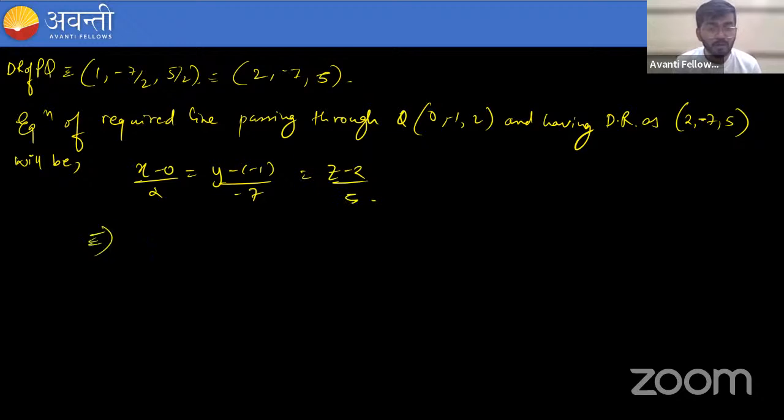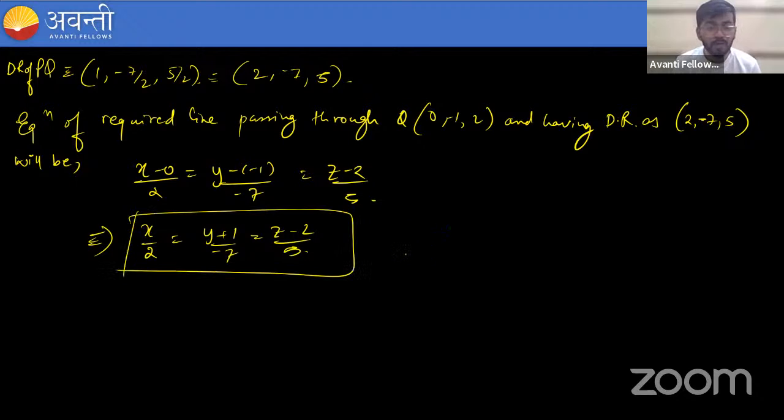So this will come out to be x/2 = (y + 1)/-7 = (z - 2)/5. So this will be the equation of the line that we are supposed to find out.